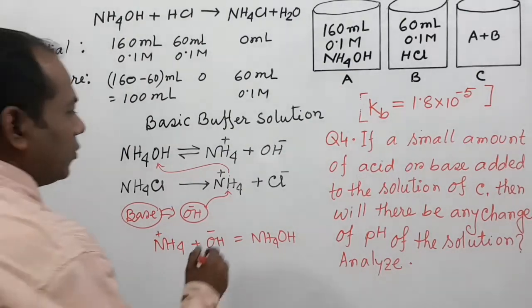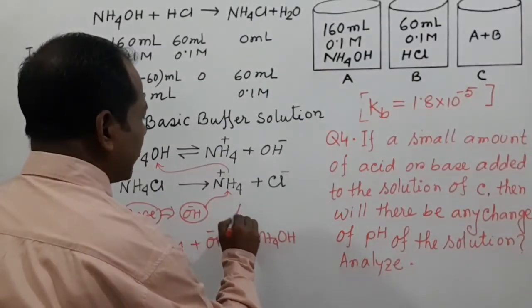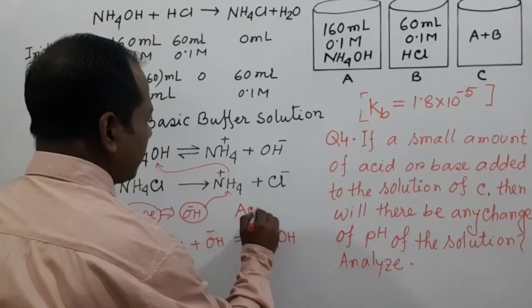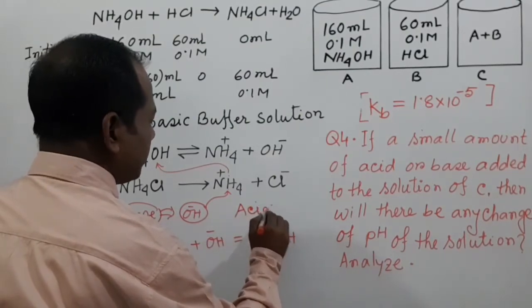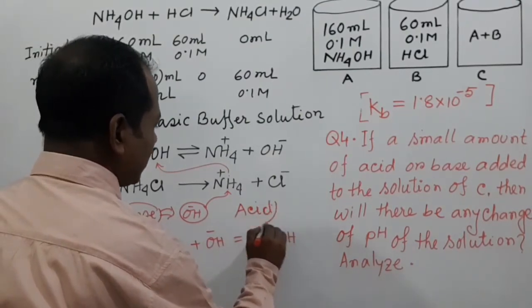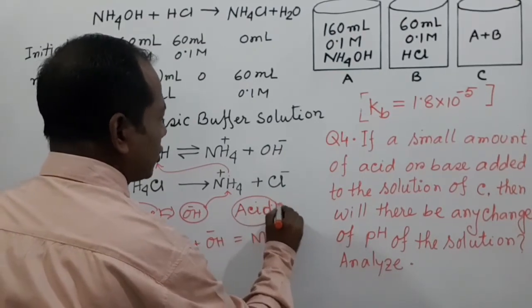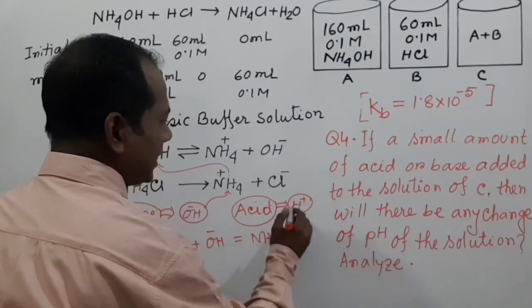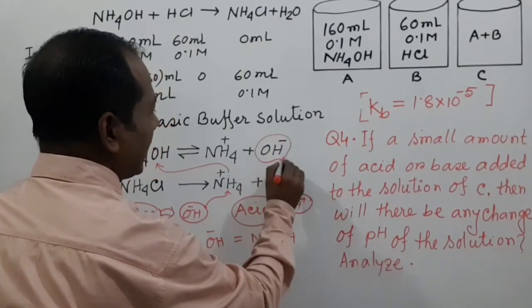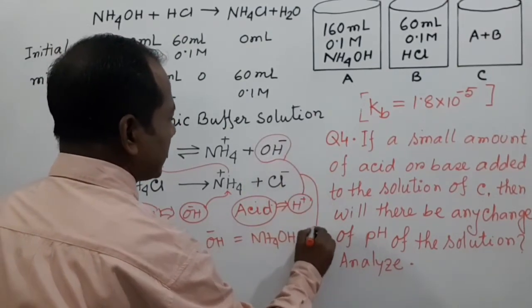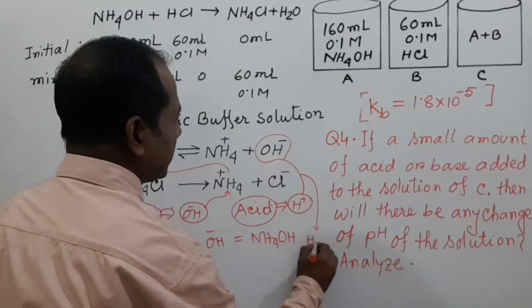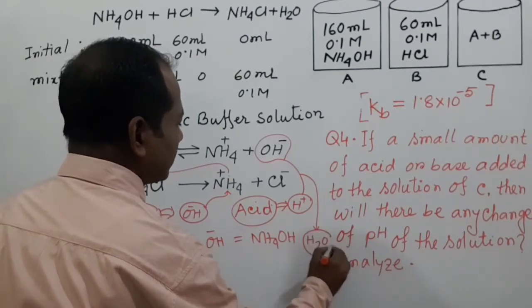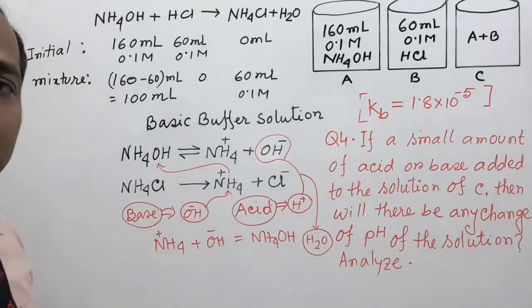And if we add a small amount of acid in this basic buffer solution, we get hydrogen ion from this acid, and this hydrogen ion reacts with the hydroxyl ion present in the mixture and they form water, my dear students.